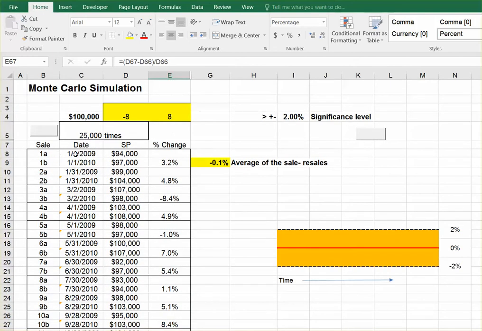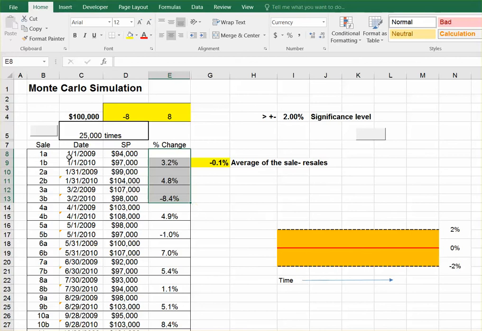Now, we're concerned with maybe 3 sales, so let's go down to row 13. This is going to show the average of E8 through E13, so the average from here to here.